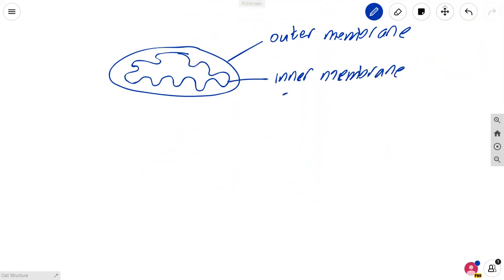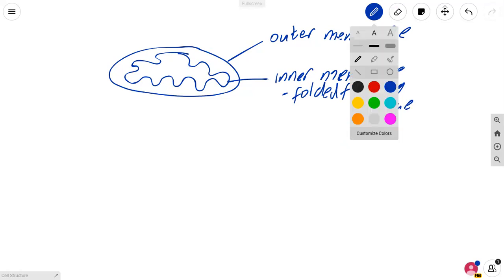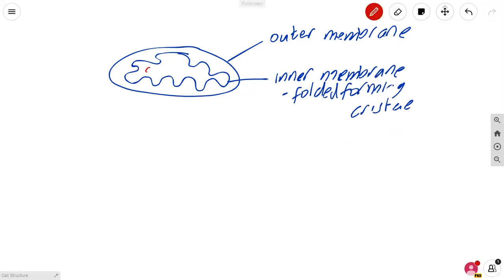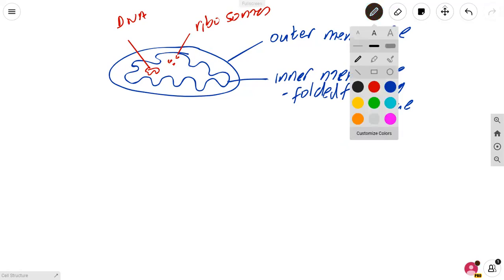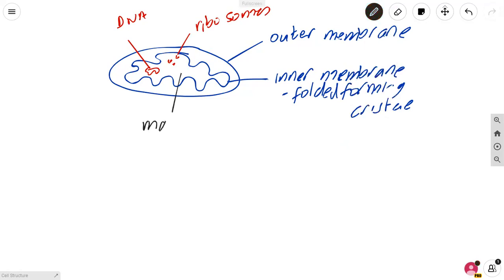And that inner membrane is folded, forming what we call cristae. But what I'm really interested in is the fact that inside we have some circular DNA, and we also have ribosomes. And they are sitting in the center of that mitochondria, which is known as the matrix.